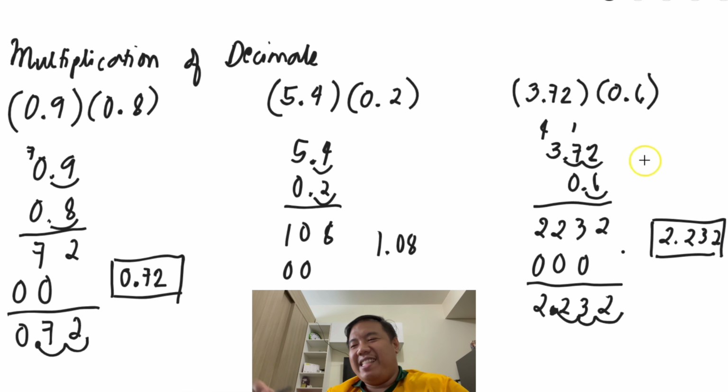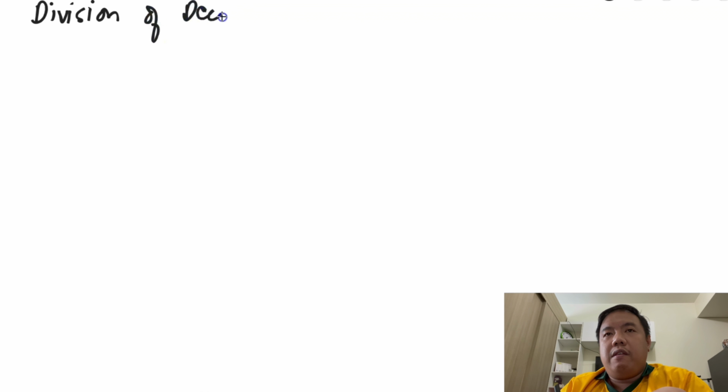Very good. Ayan. So for the division of decimals, so we have here, for example, 1.25 divided by 0.5. So we are going to write this one with our division symbol.